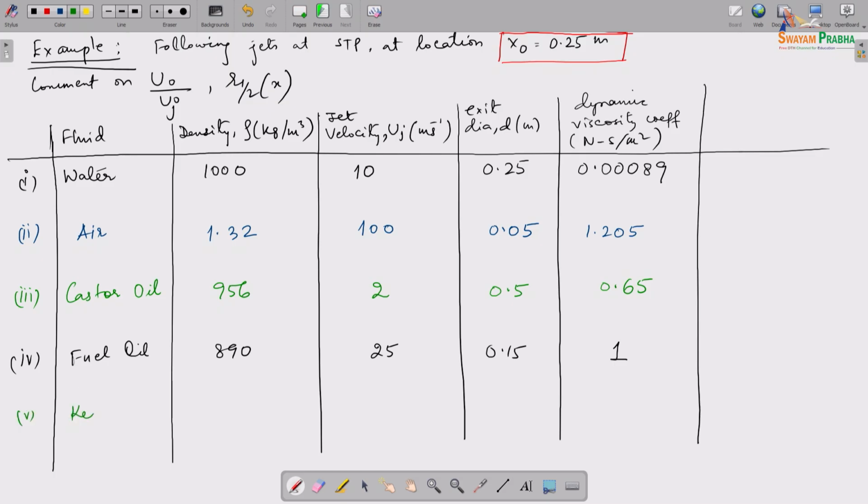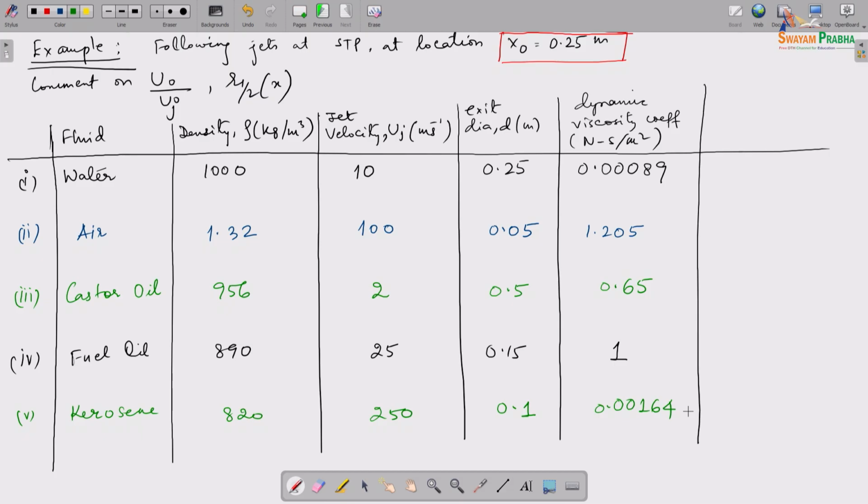And kerosene: this is 820, this is 250, this is 0.1 and 0.00164. So we have these 5 jets here, and we need to essentially comment on these U naught by Uj and R half.